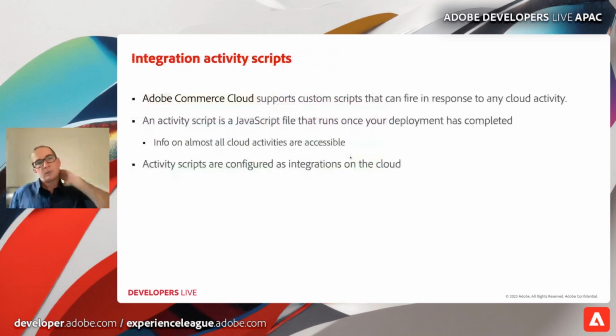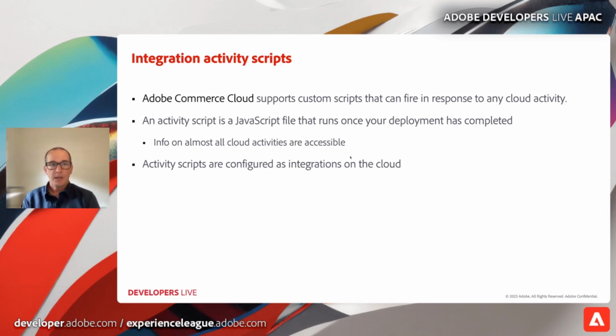Okay, so when it comes to the activity scripts, Adobe Commerce Cloud supports custom scripts that fire in response to cloud activities. So a cloud activity could be an environment redeploy, a branch, or if you're familiar with the cloud user interface, pretty much anything that can be performed in that interface and more can be set up to respond or fire in response to any of those events.